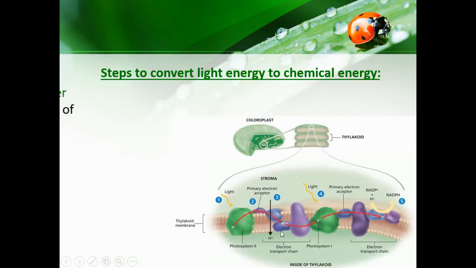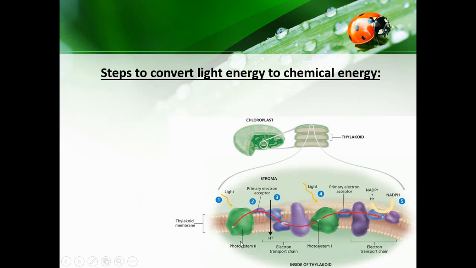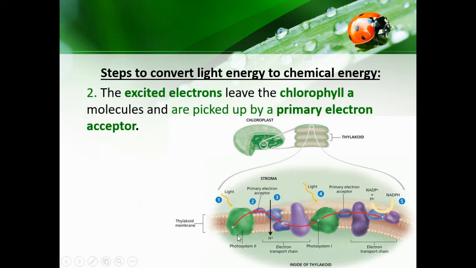So steps to convert light energy to chemical energy. Step 1, light energy forces electrons to enter a high energy level. Whenever electrons see light, they get super excited and they start buzzing all around. So they're going to enter into photosystem 2. The excited electrons are going to leave the chlorophyll A molecules and are picked up by a primary electron acceptor. Right here, they're accepted in.